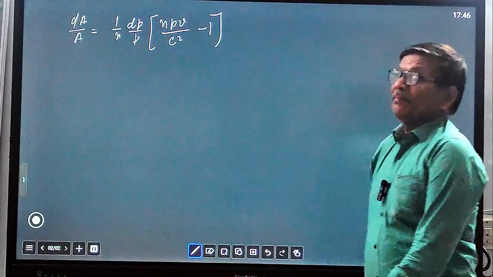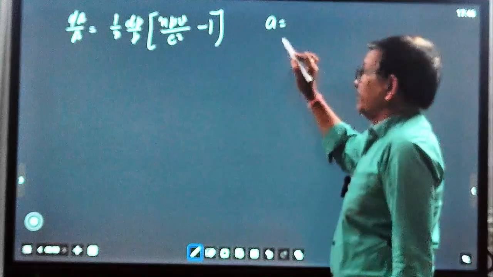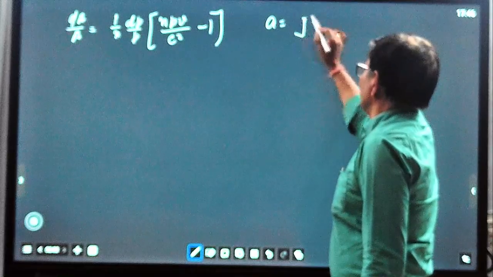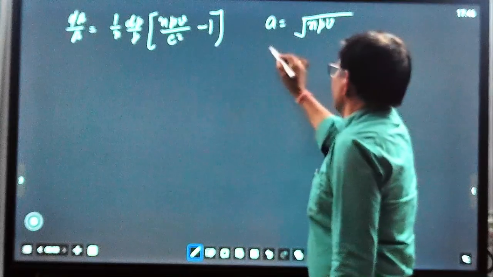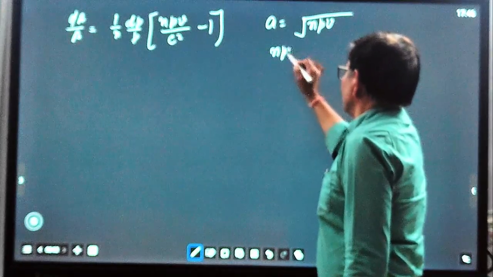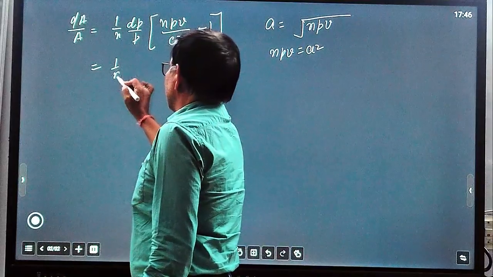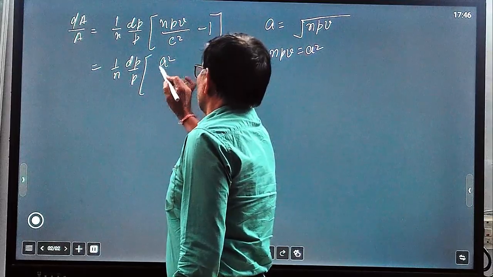Now, what is nPV? We know that the velocity of sound in any medium equals root of nPV. This is the velocity of sound, so nPV equals a square.